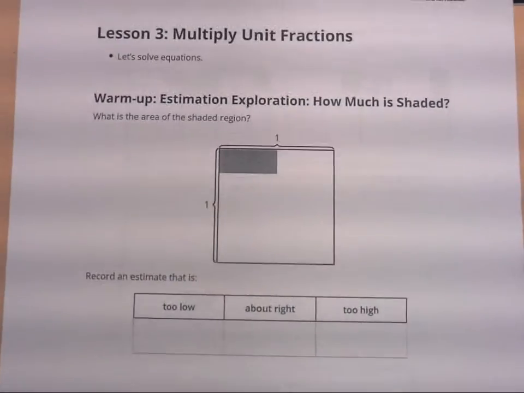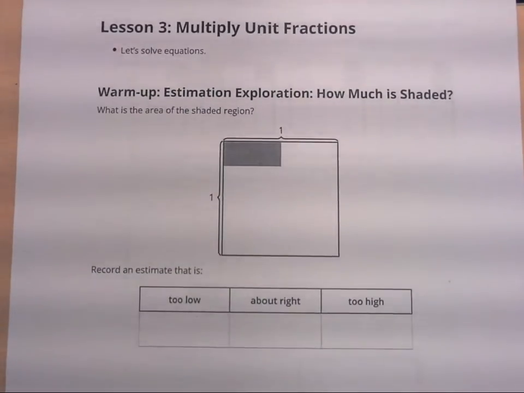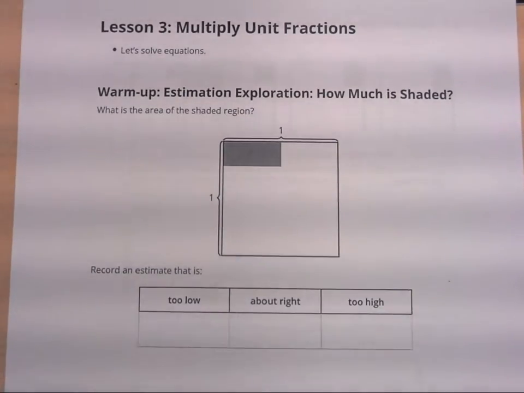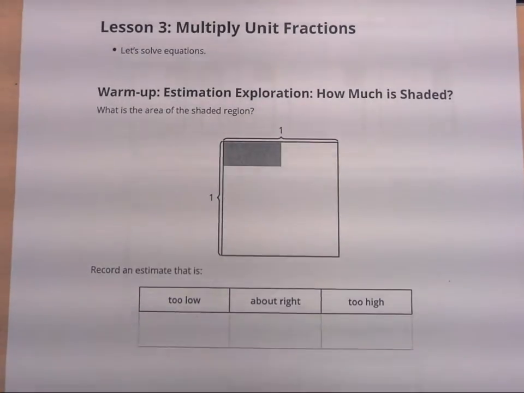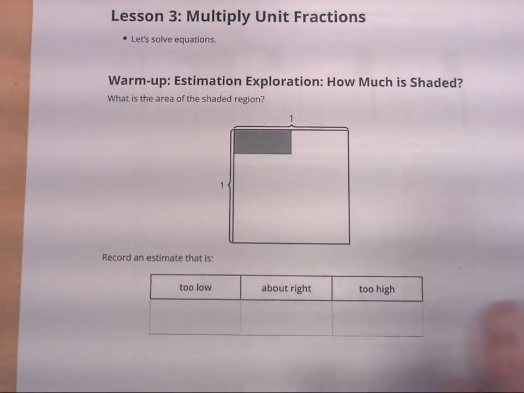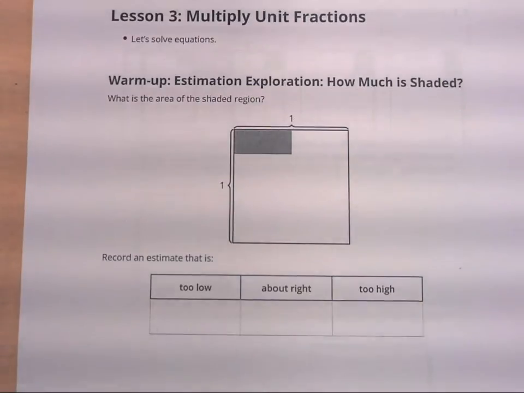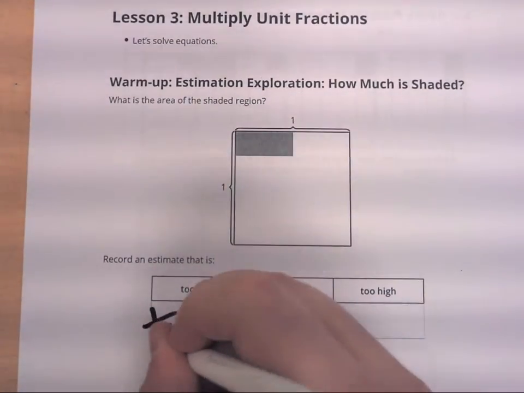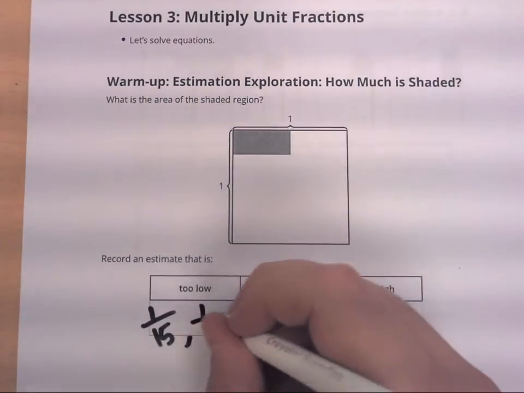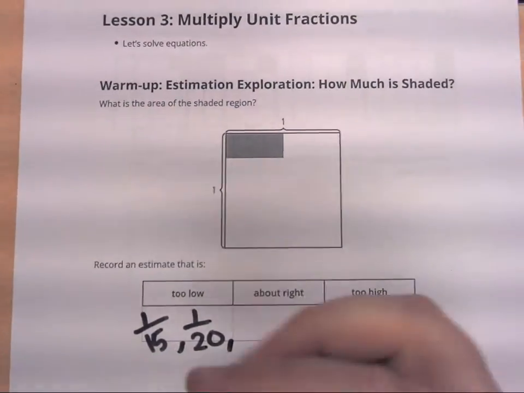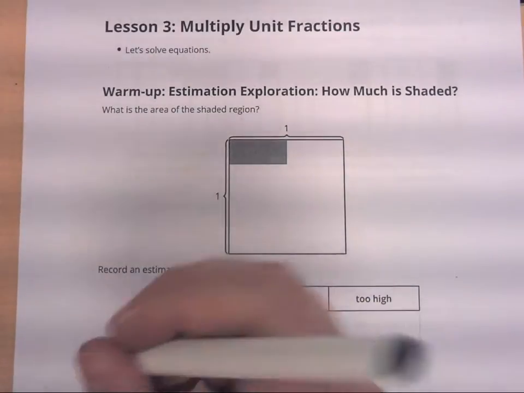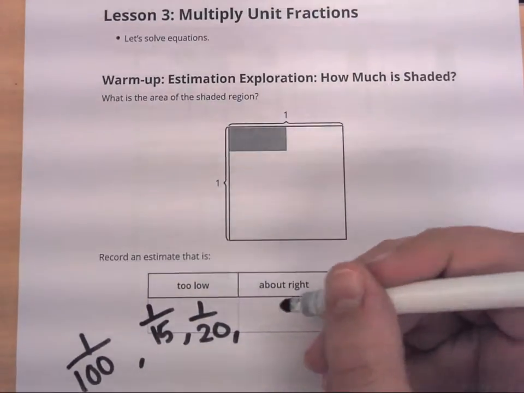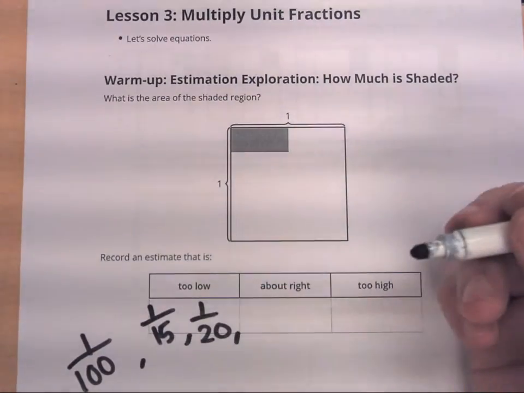So after discussing some fraction concepts with students, most students chose too low fraction estimates for this area to be some fractions such as 1/15th or 1/20th, or even some students who kind of had a sense of humor about this activity would say, maybe 1/100th or 1/1000th or something like that.